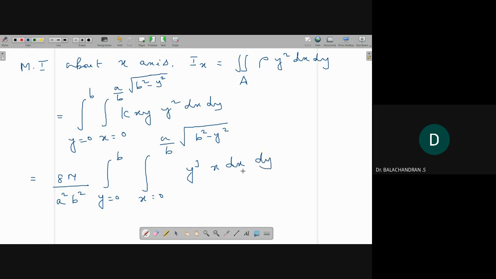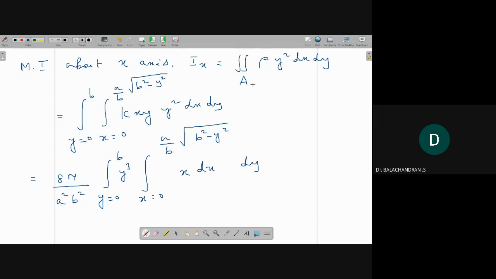The reason is now I am going to integrate first with respect to x. So keep y cube here. It is better to keep y cube here. x dx and then dy.